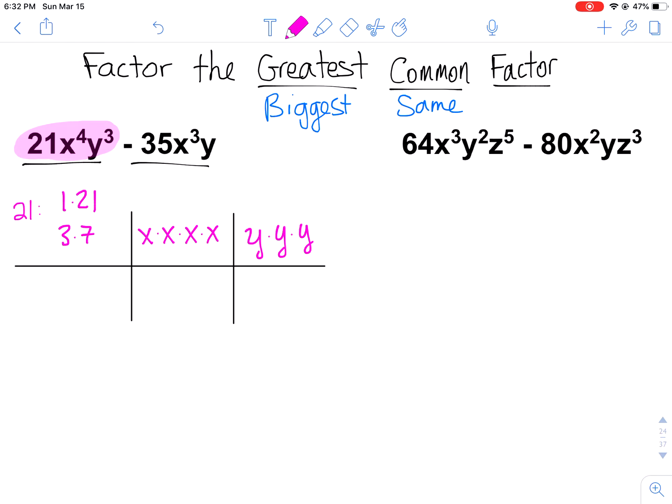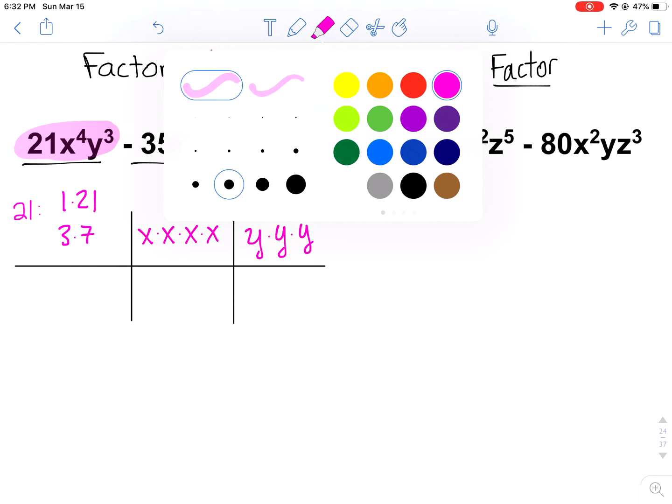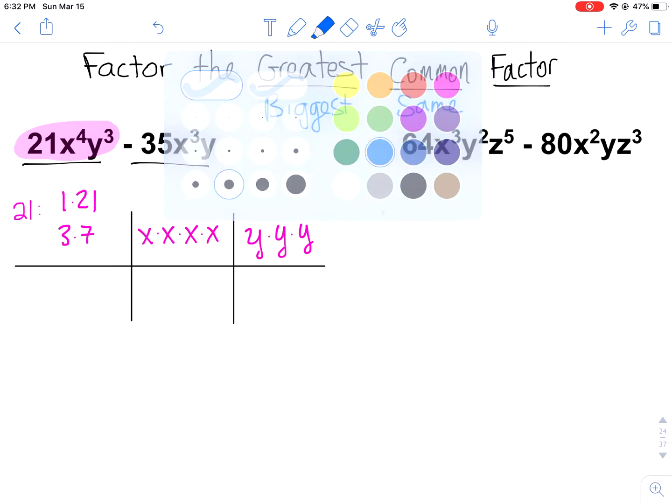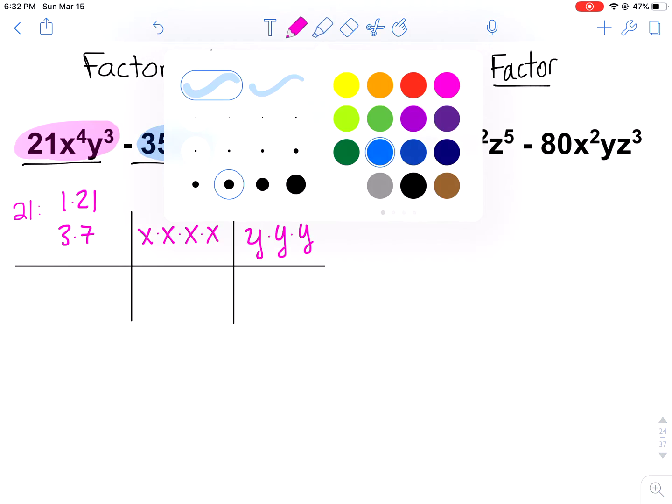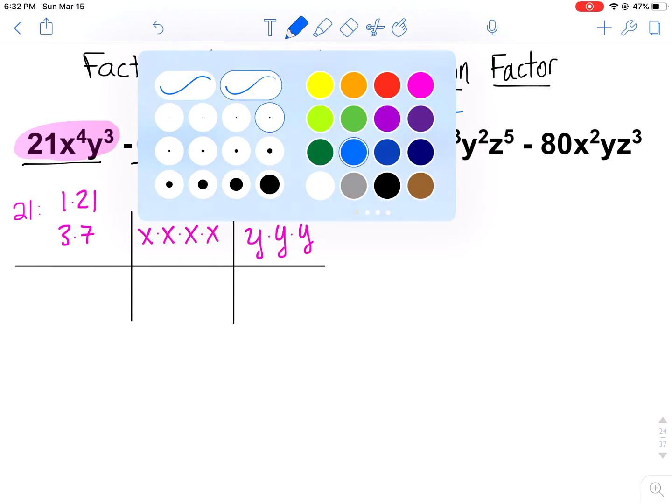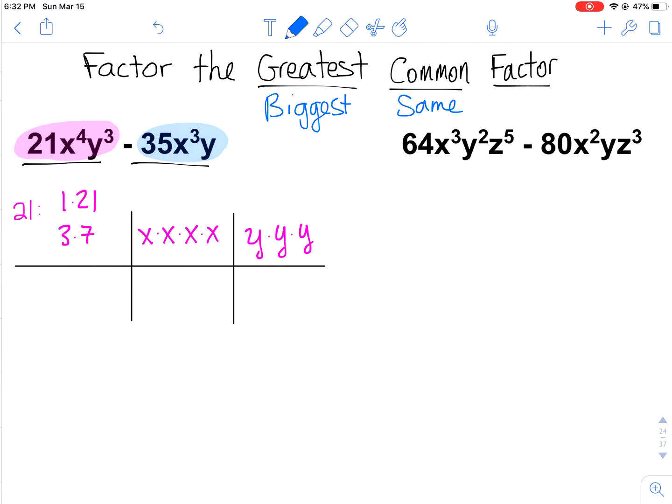Next, we're going to do the same thing for our other term. Do it in blue here. First, we need to find all of the factors of 35. So that's 1 times 35 and 5 times 7.